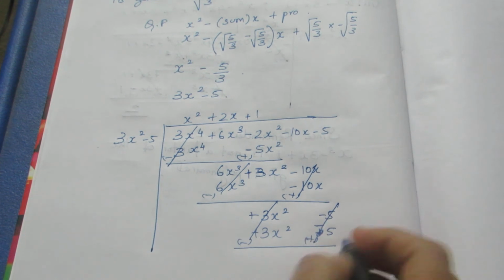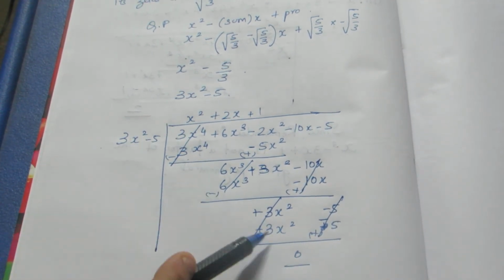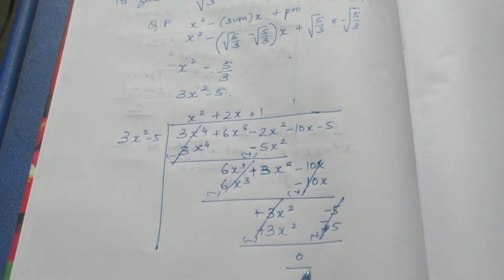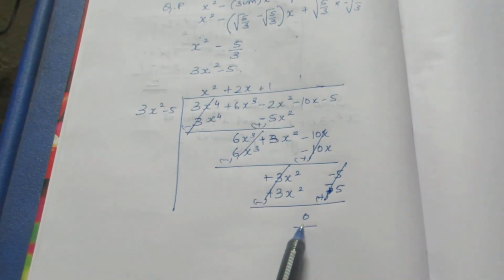Here it gets cancelled, here also it gets cancelled, and the remainder is 0. If the remainder is not 0, please check your sum. So my remainder has become 0, and I need to find the rest of the zeros.